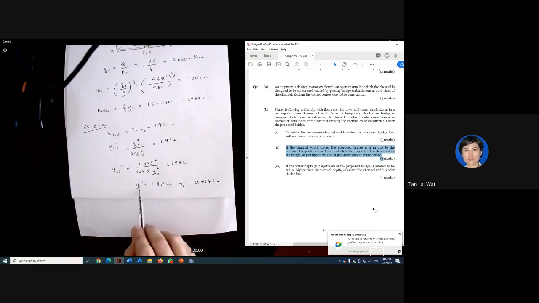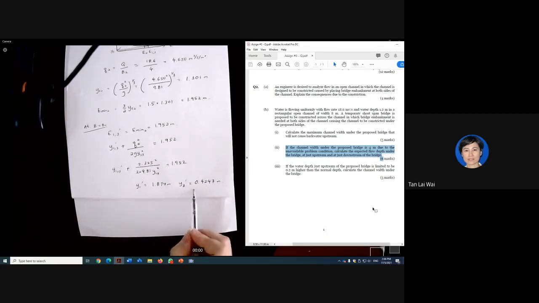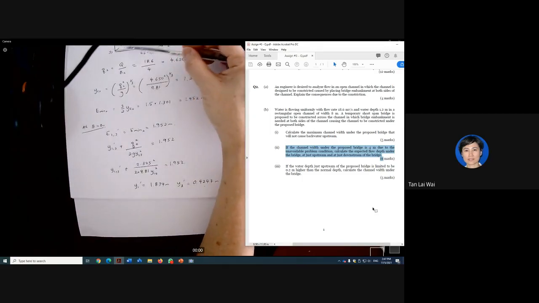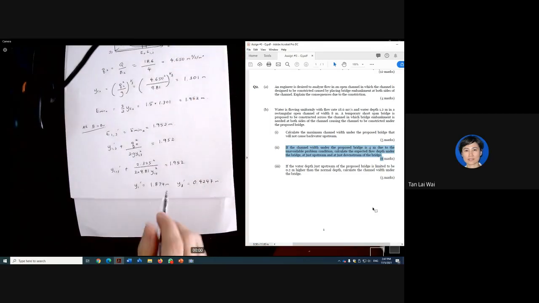So, you know that Y1 should be in subcritical, Y3 should be in supercritical. If you look at this, one is greater and one is less, right? Now, Hamizan, just now you gave me the answer that the other y is equal to 1.3. If you substitute 1.3 into this equation, you would not get this answer.